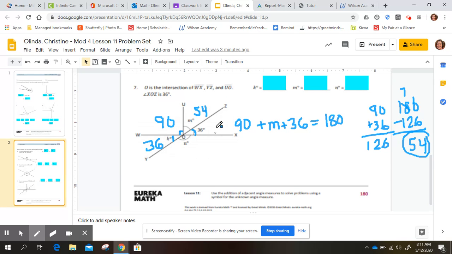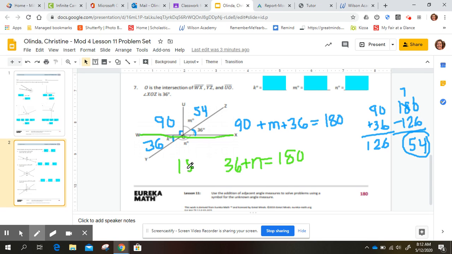So the whole thing has to equal 360 degrees. So I could do the same thing I did with the 180 degrees. If I know that this line is 180, 36 plus N has to equal 180. So I have to think, what number could I add to 36 to get 180?